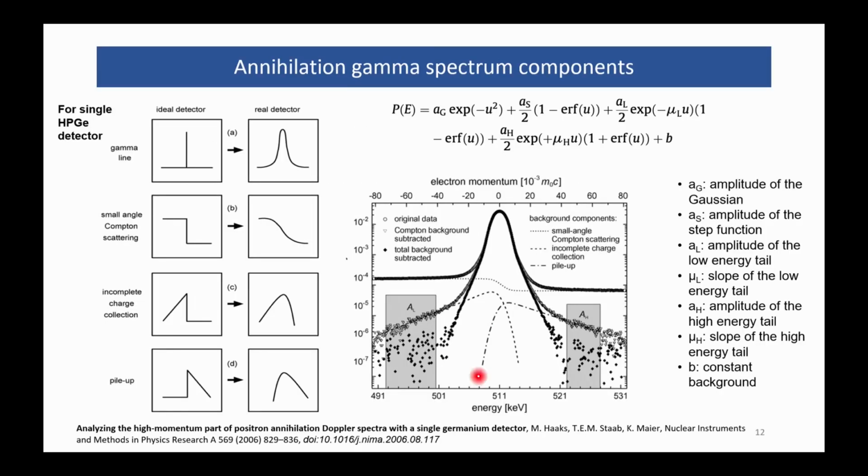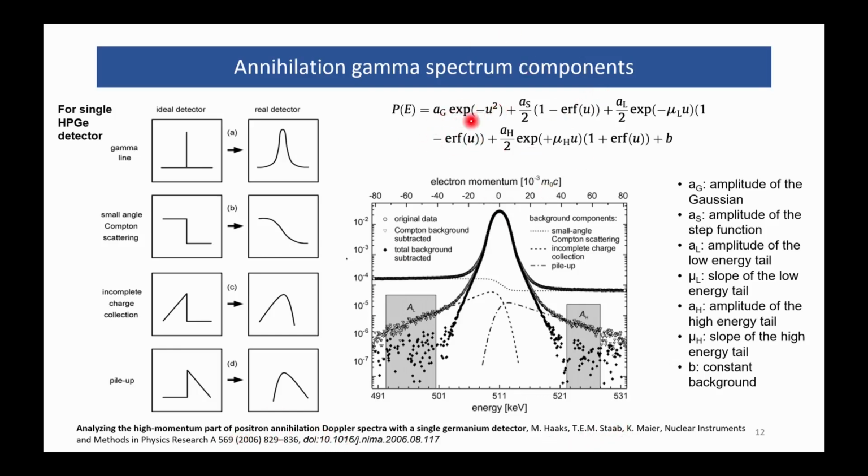Let's look a little at the normal gamma peak. The components are here: the gamma line, small-angle scattering, which in reality is like this, incomplete charge collection, so it should be like this, and the pile-up effect here. So the two-gamma event is a convolution of at least four components. The HMA method was proposed by Hawk in 2006.